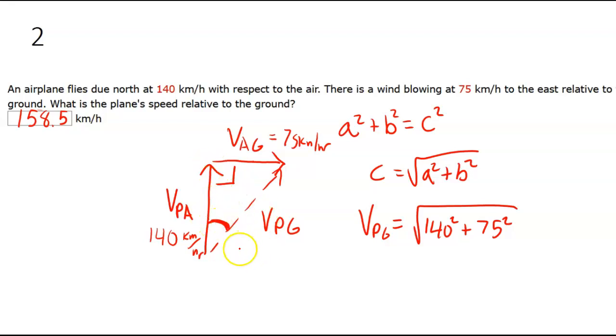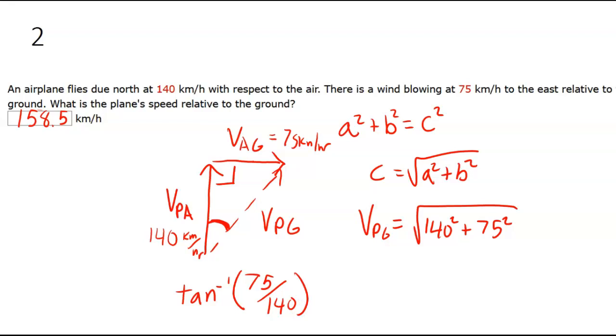If I did want to know what this direction was, first off, I would know that the way that this is drawn, that direction would be described as east of north, and I could do an inverse trig function. I could say tan to the negative 1 of the opposite of that angle, which would be 75, over the adjacent, which would be 140.